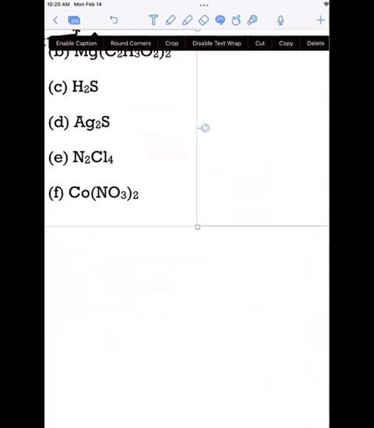If you see the name, you can go from name to structure. If you see the structure, you can go from structure to name. That's the objective. I want you to be able to do both. If I give you a name, I want you to be able to write out what that structure is. If I give you a structure, I want you to be able to write out the name. All right, so we'll paste that here.